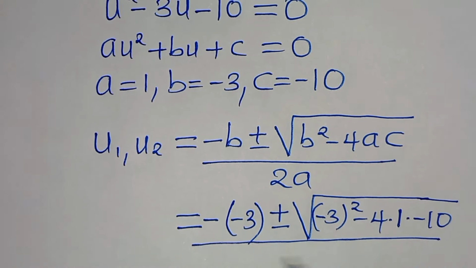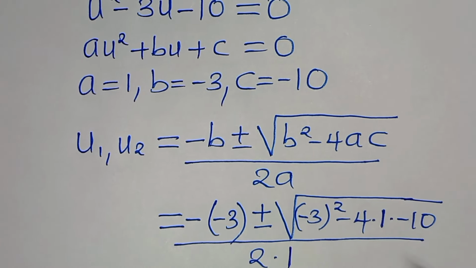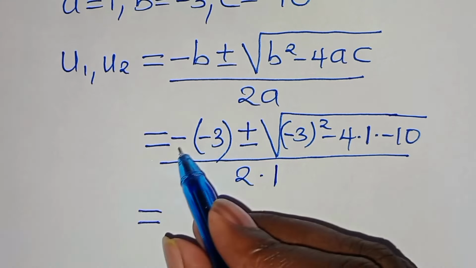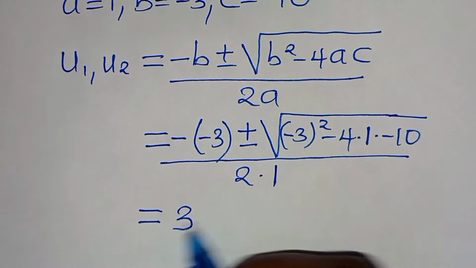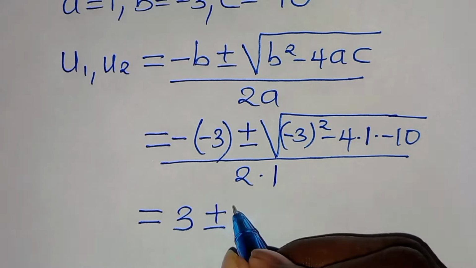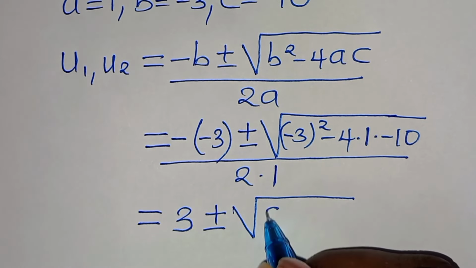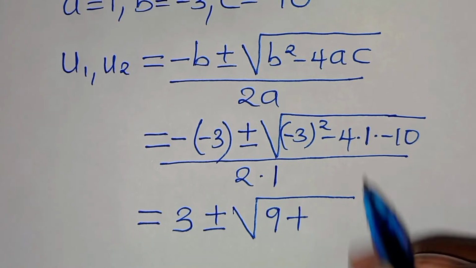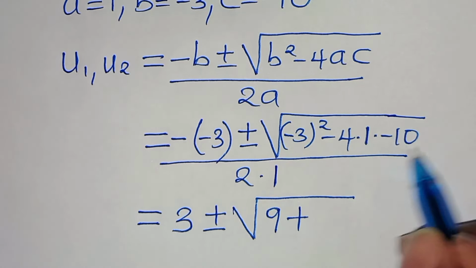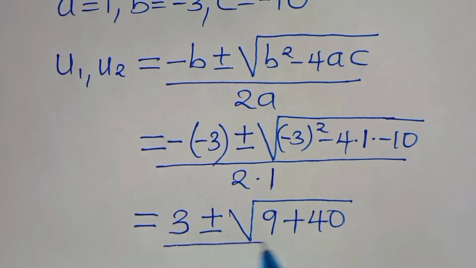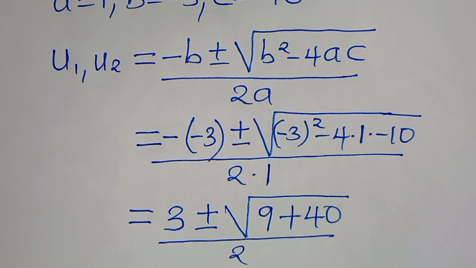Everything divided by 2 times 1. So here we have minus times minus 3, this is equal to 3 plus or minus the square root of minus 3 squared, which is 9, then minus 4 times minus 10, this is plus 40. Everything divided by 2.